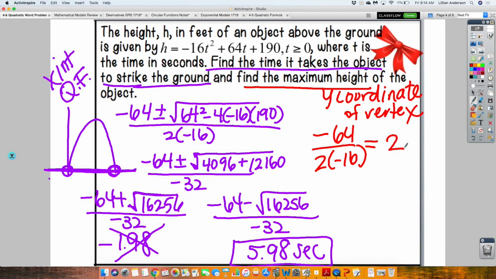That would have been your answer, because this is the x coordinate, aka the time it takes for you to reach that maximum height. Okay? So 2 represents the time it takes to reach the maximum height. But we're concerned about what is the maximum height. So we got to take that and plug it in.